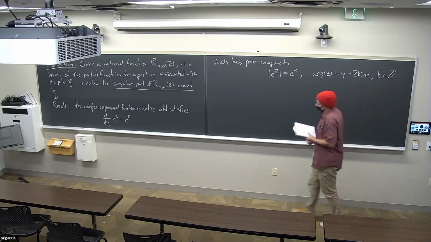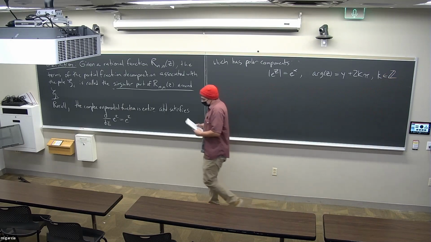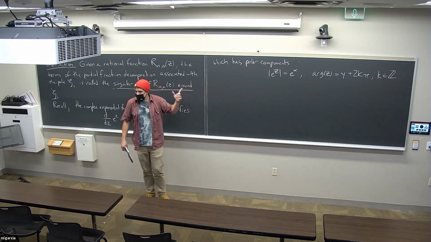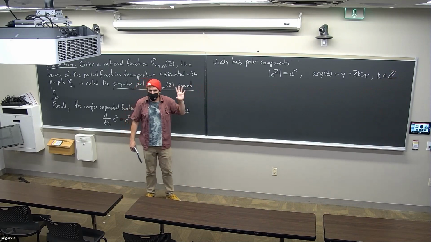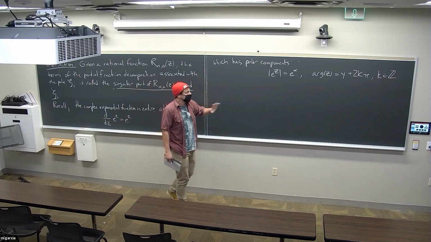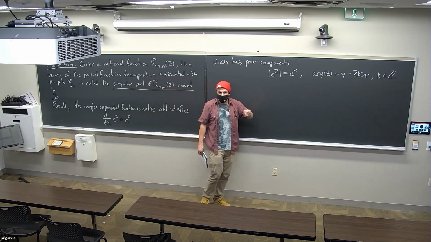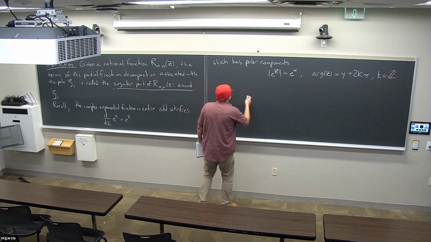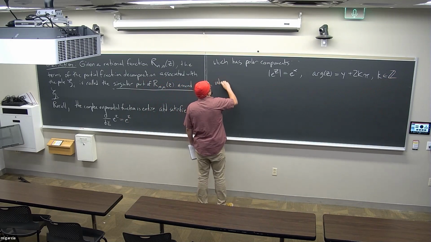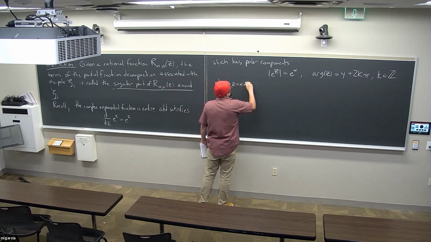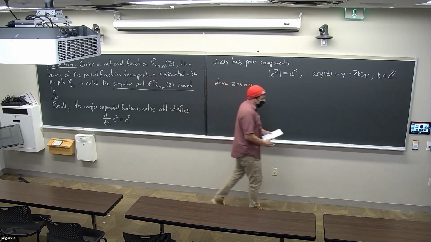We have this multiple valued function which has infinitely many values. Remember back to our distinction between lowercase arg and uppercase arg. There's a reason that I say it this way, which will become clear soon. Of course, I didn't say here where z equals x plus iy, our standard convention.